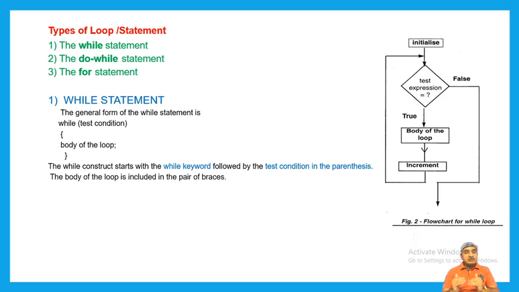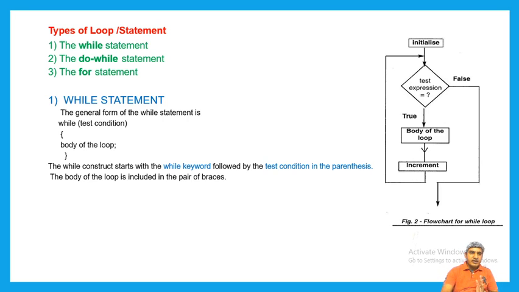If the condition is true, again the body of the loop is executed. But if the condition is false, then the execution of the program goes outside the loop. So this is a very simple while loop.